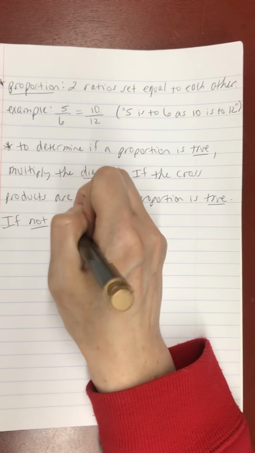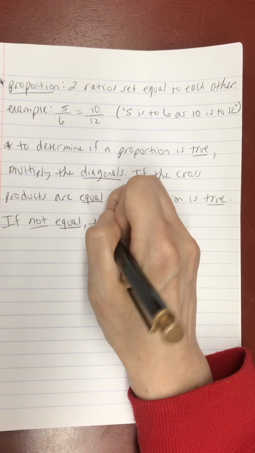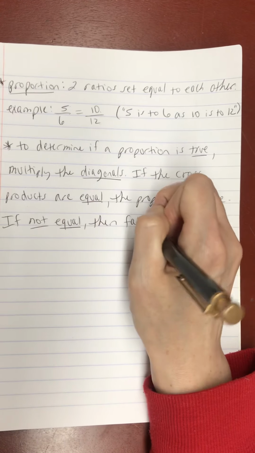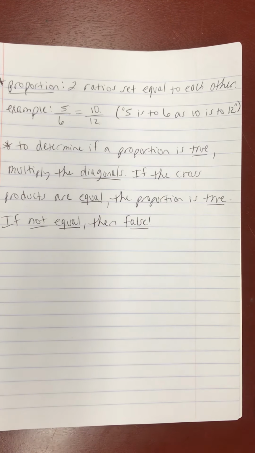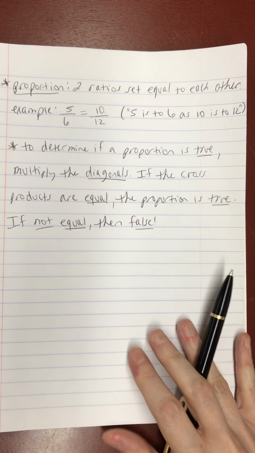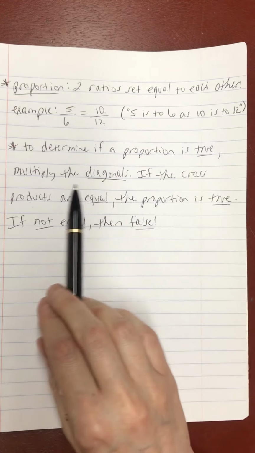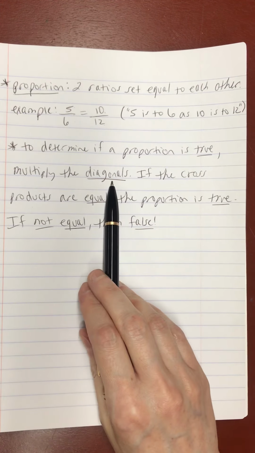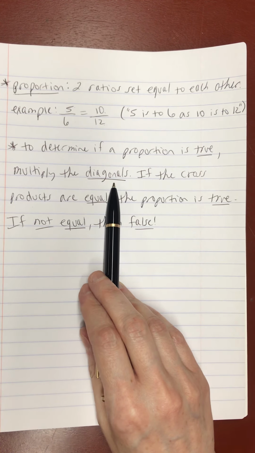Pretty self-explanatory, that last sentence probably, right? So again, for all of these types of problems where they ask you, are the proportions true or false, all you have to do is multiply the diagonals. And if the results you get are the same two numbers, then you say true. But if not, that's when you say false.